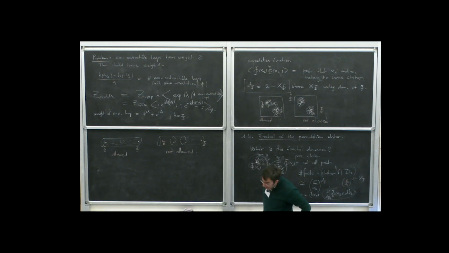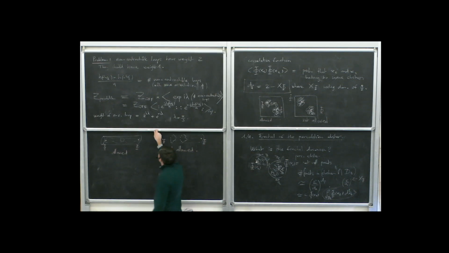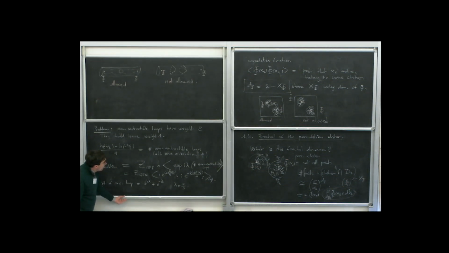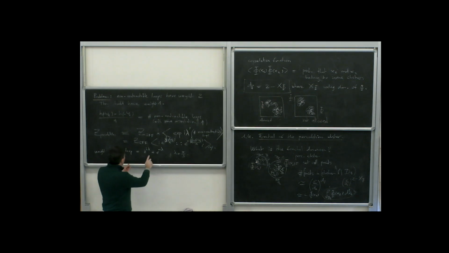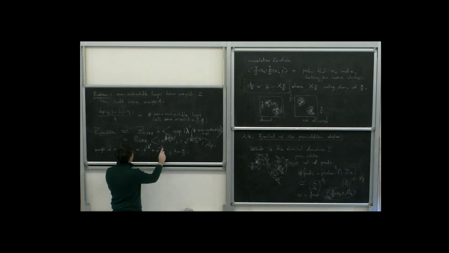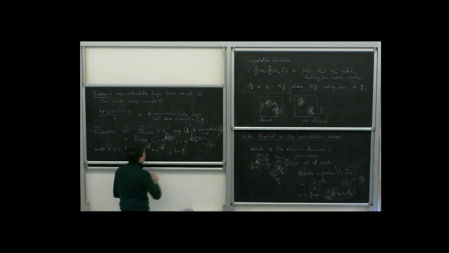But we know how to forbid this kind of configurations. It's written here. If we had written everything not with lambda, but with some number lambda prime here, let's call it lambda prime, lambda prime, lambda prime, then the weight of a non-contractible loop here would have been e to the i lambda prime plus e to the minus i lambda prime, that is 2 cosine lambda prime.